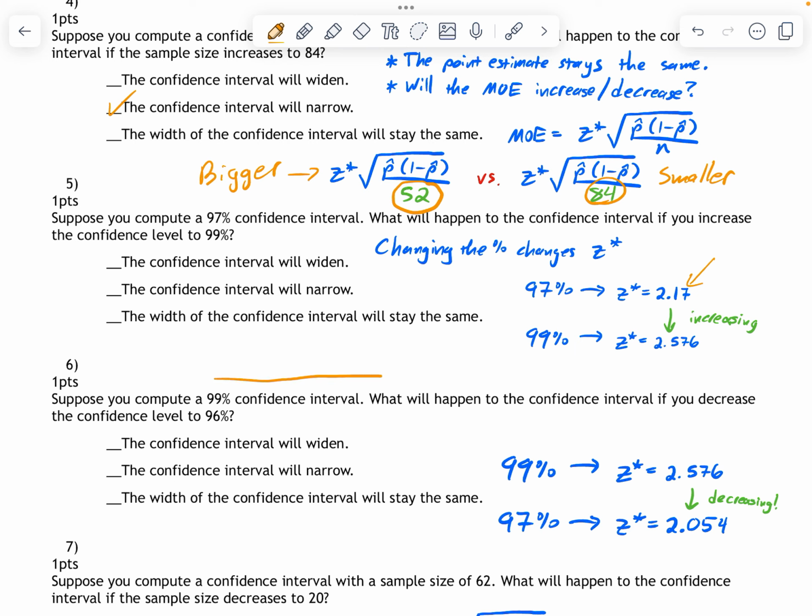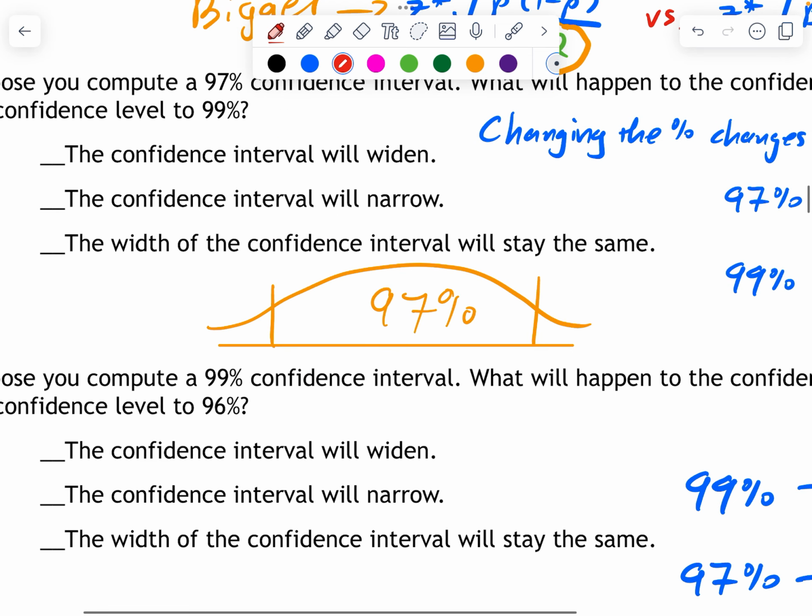What I actually did, this might make your head blow up, but it's worth it. 97% confidence interval means where's the middle 97%? So on the calculator, I actually said, okay, then this and this would make up 3%, or 0.015 on both sides.